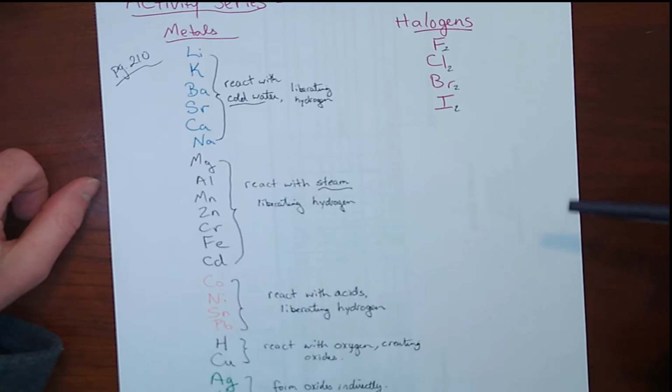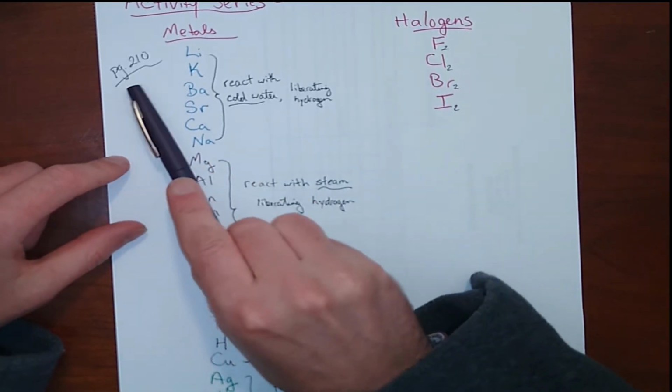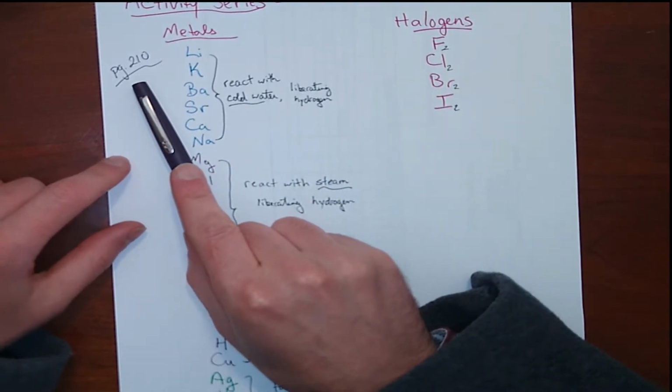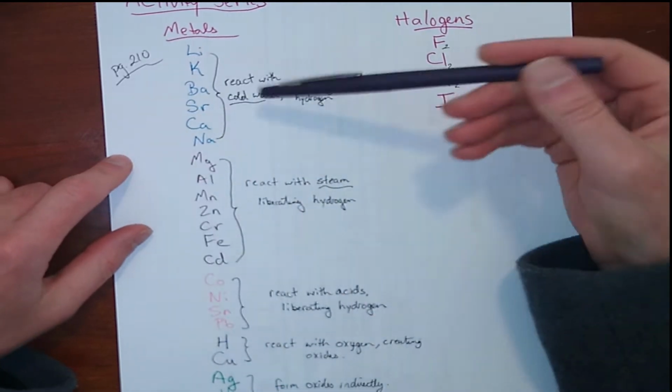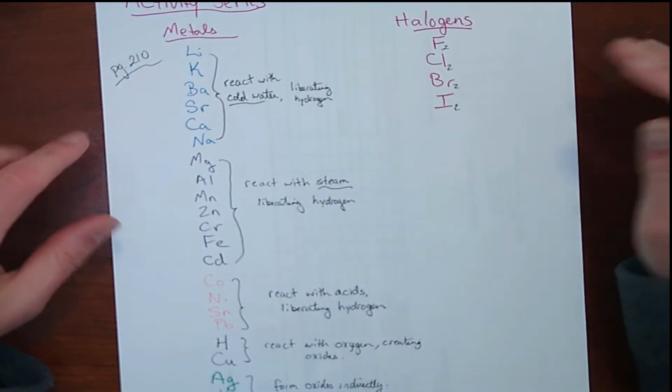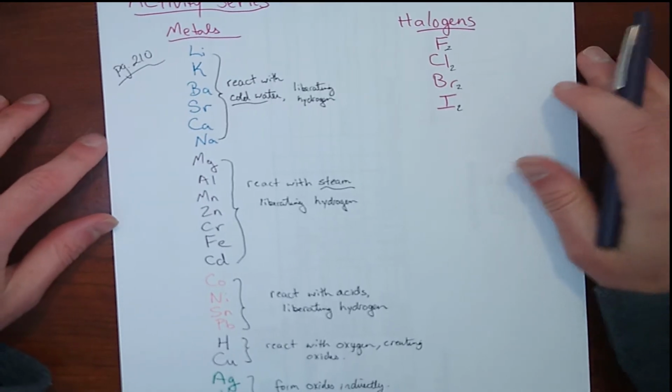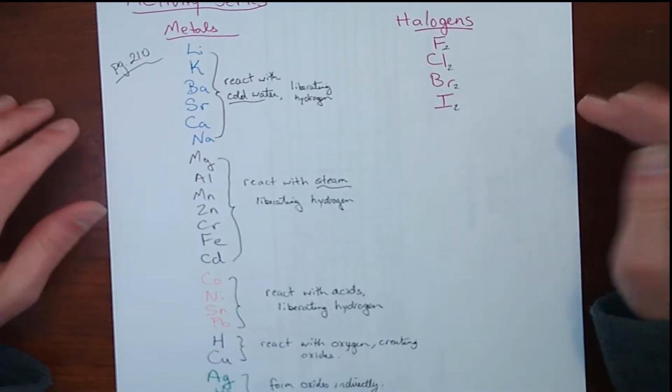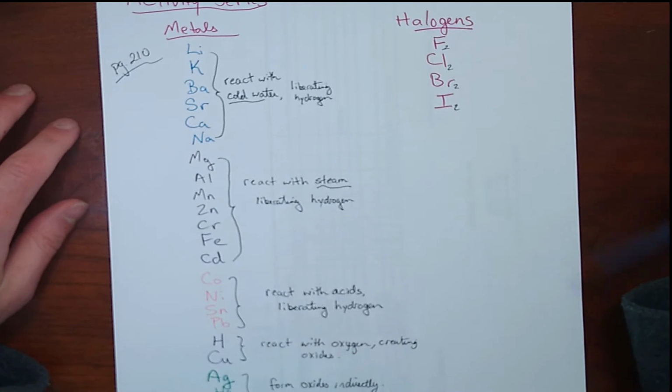And this is listed in a chart in your book on page 210, but I've tried to reproduce it here. It's a little bit long, so I had to go vertical, so this may not all fit on screen at the same time, but we'll try to scroll up and down as I talk about the different categories.